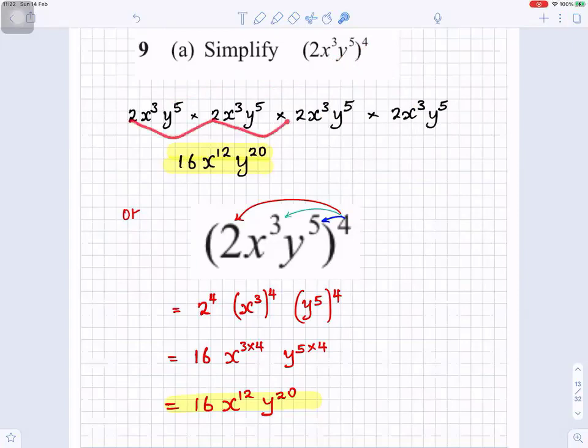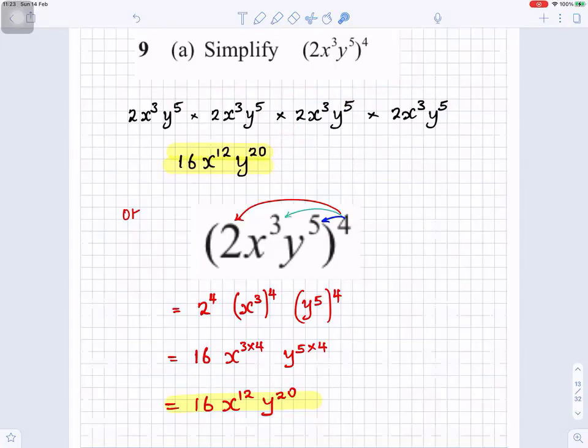2 times 2 times 2 times 2 gives you 16. x cubed: 3 plus 3 plus 3 plus 3 gives you 12. And 5 plus 5 plus 5 plus 5 gives you 20. So that's your answer.